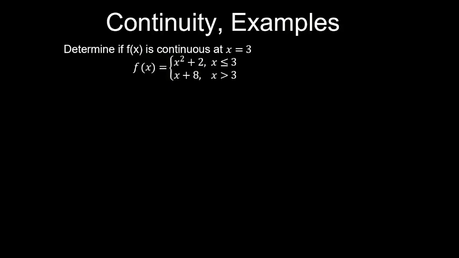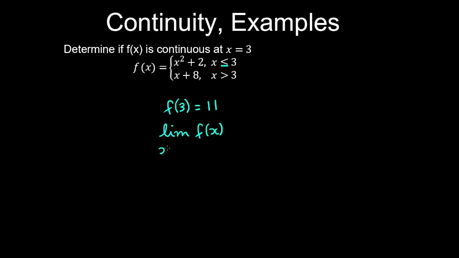Let's determine if f of x is continuous at x equals 3. So the first condition is that f of 3 must exist, and that is the case, and the function is equal to 11. And the limit of the function as x approaches 3 must also exist. So we check the limit from the left first.